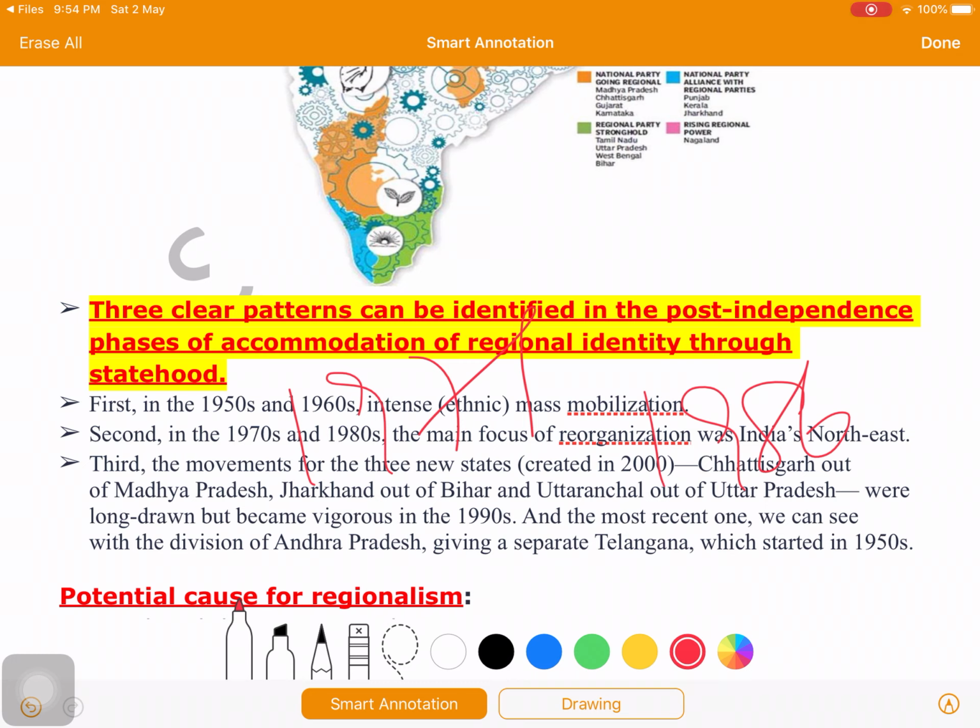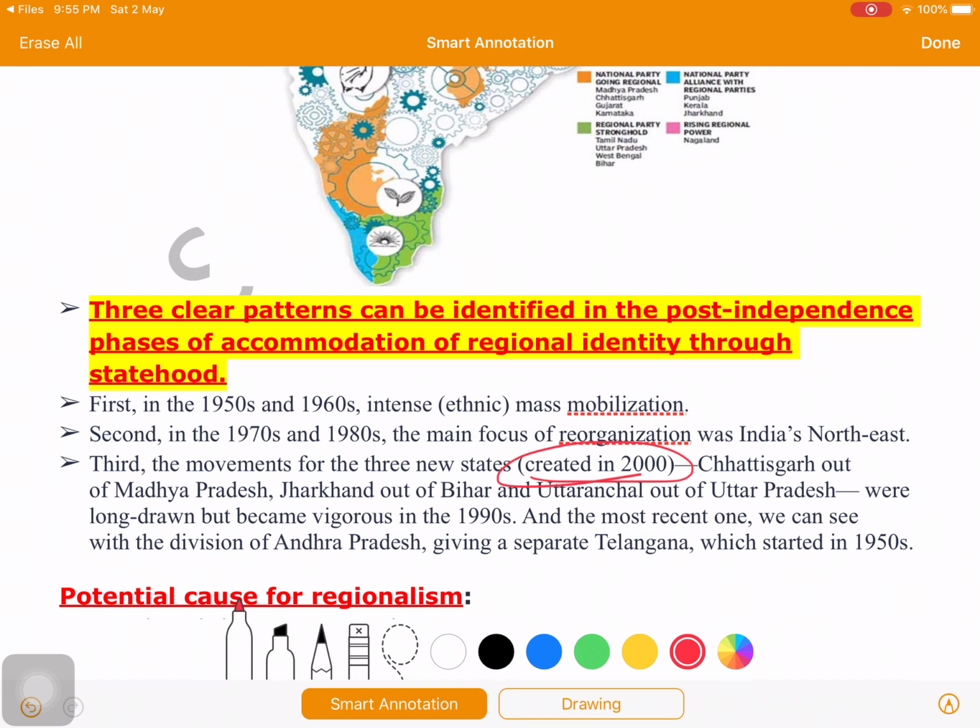So this is the second phase of the three most important patterns of regionalism in India. And the third phase, more important, the movements for three new states, created in the year 2000: Chhattisgarh from Madhya Pradesh, Jharkhand divided from Bihar, and Uttarachal, nothing but Uttarakhand, divided from Uttar Pradesh, was long drawn but became vigorous in the 1990s.